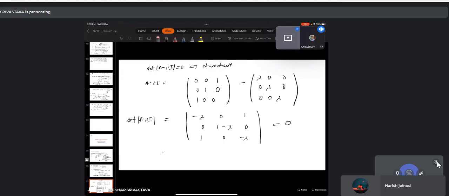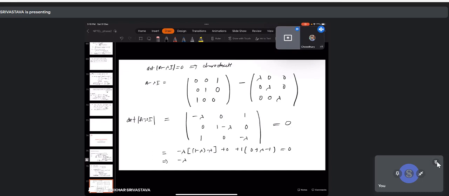So you just find the determinant. What you'll get is minus lambda times (1 minus lambda) times minus lambda, plus 0, plus 1 times, okay, wait, if I'm not wrong, plus 1 times (0 plus lambda minus 1), something like this.